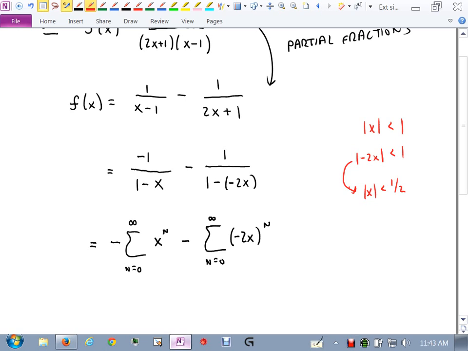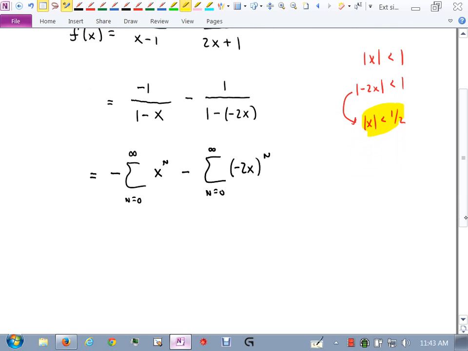So in order for the whole thing to converge, you have to go with the smallest interval you have, which would be what, -1/2 to 1/2? For both of these to converge, you would have to be inside -1/2, 1/2. Because if you go outside of that, one of them converges, but the other doesn't. Does that make sense? So your interval of convergence would be based on that one. But I don't want to waste time with that. You understand you could look at that for each of these.